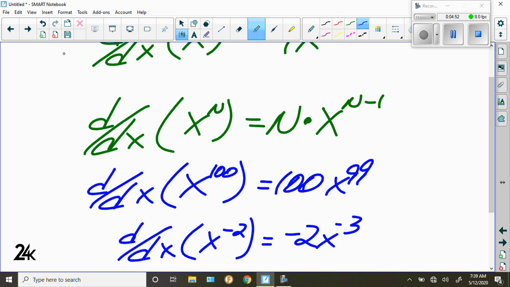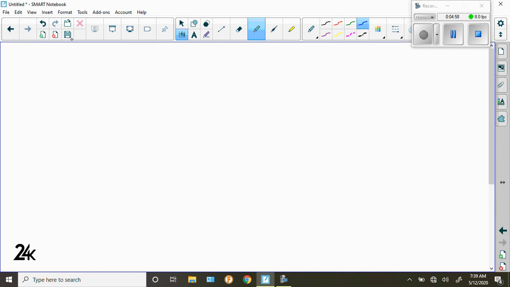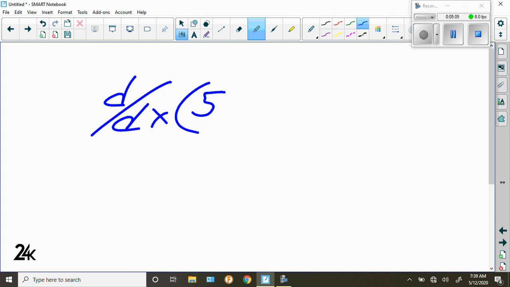Yeah, they are. The third rule that I'm going to stop with today is called the multiple rule. Let's put in something like 5x cubed. The 3 still has to go out front, but you multiply by the 5.